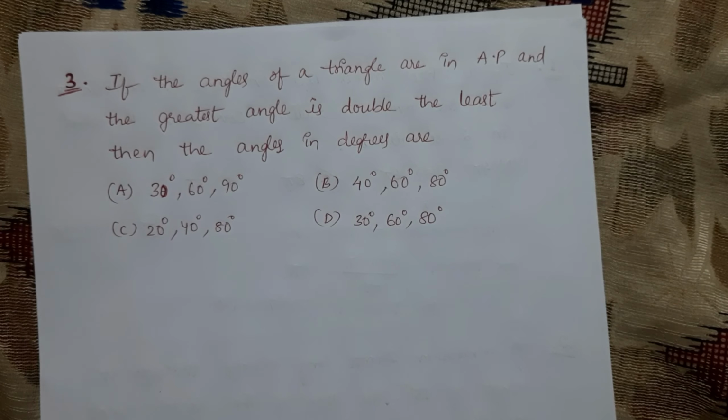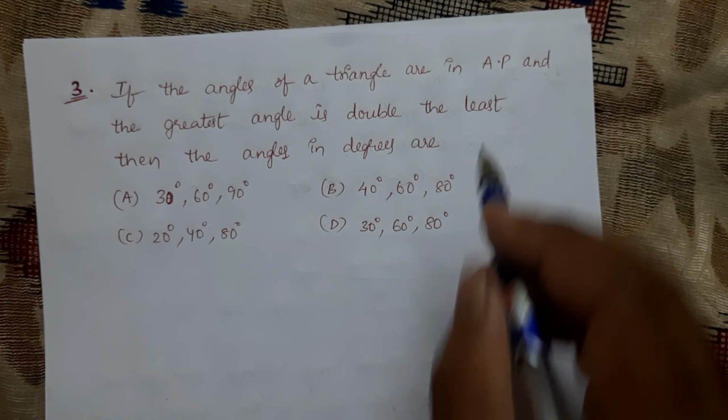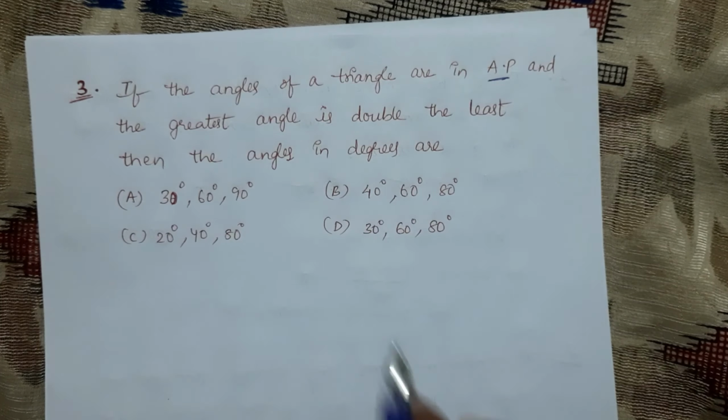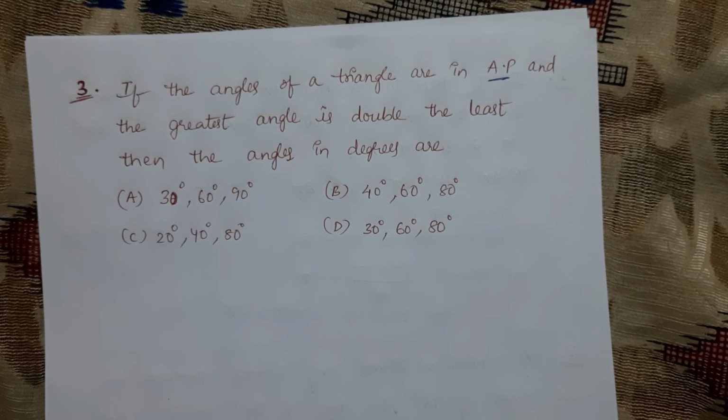If the angles of a triangle are in AP, arithmetic progression, and the greatest angle is double the least, then the angles in degrees are.